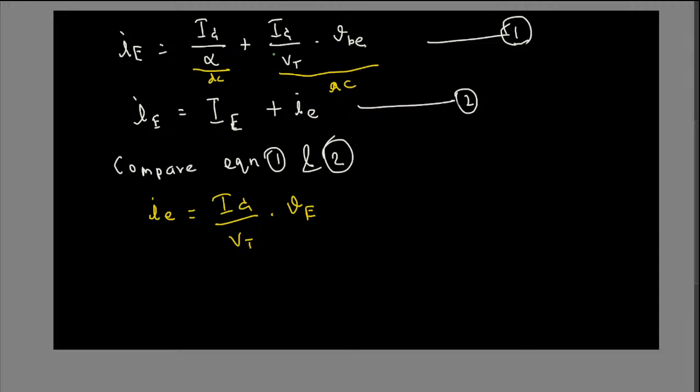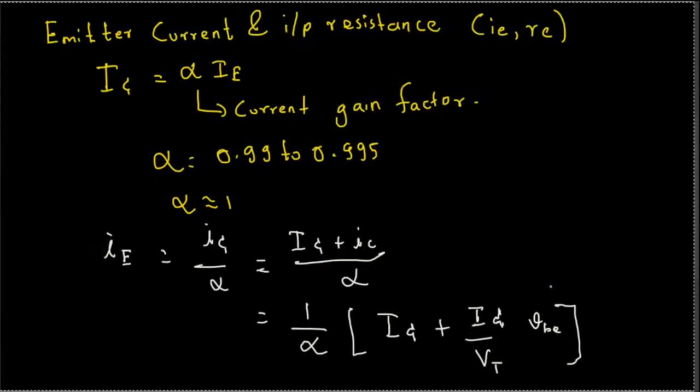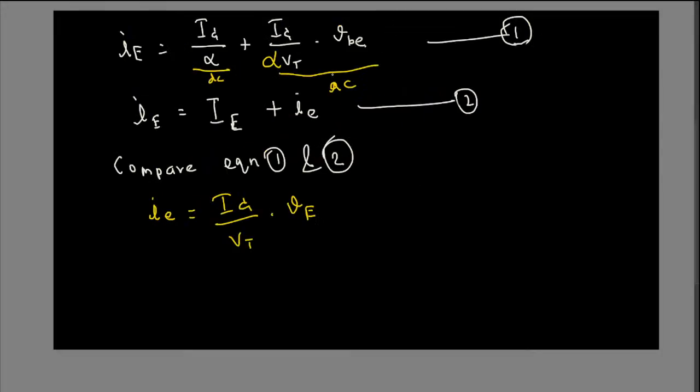There should be an alpha here as well, because when I expanded I forgot to multiply 1 over alpha for both of them. So this is IC over alpha, and this one should be IC over alpha times VBE over VT. There should be an alpha right here, which means this equation also has an alpha.